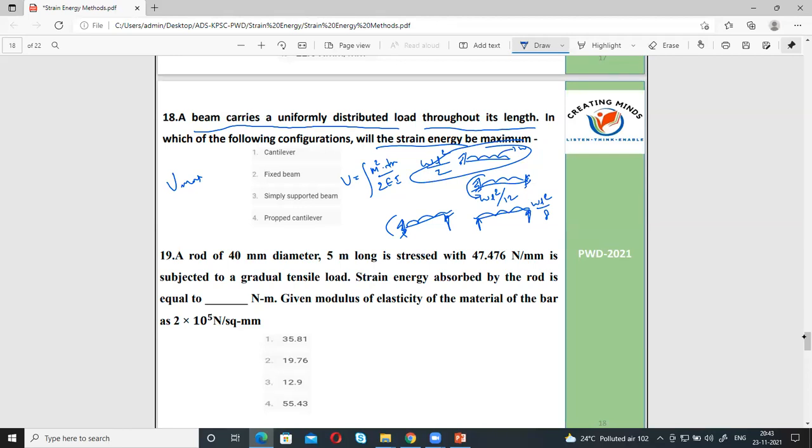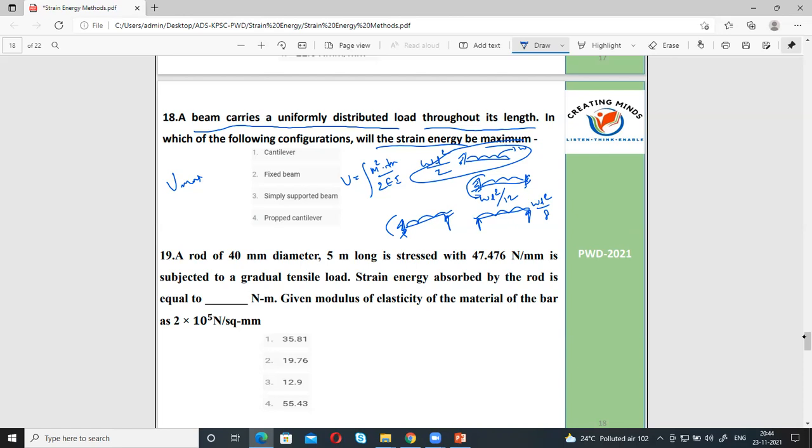On that case, the strain energy stored will be maximum under cantilever beam, which is having minimum moment. That particular beam having higher energy. Hence, cantilever beam, see, always try to remember this. Moment WL square by 2.